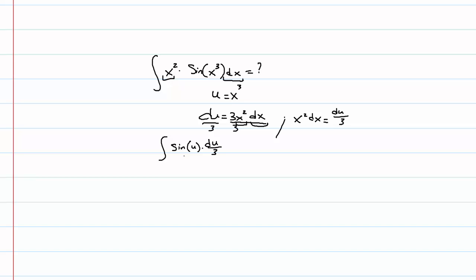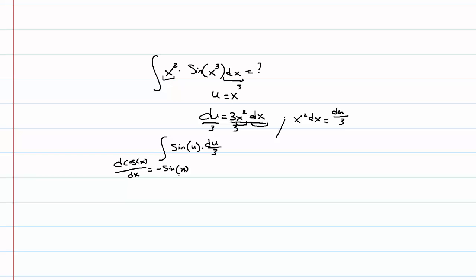Now, to figure out the integral of sine, let's look at what the derivative of cosine is. We see the derivative of cosine is just negative sine.